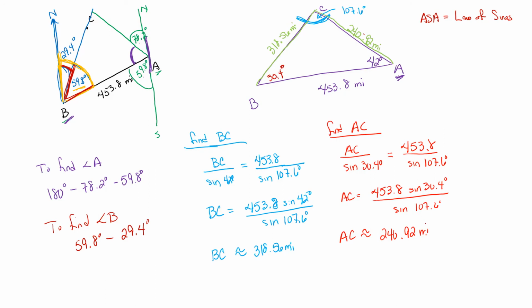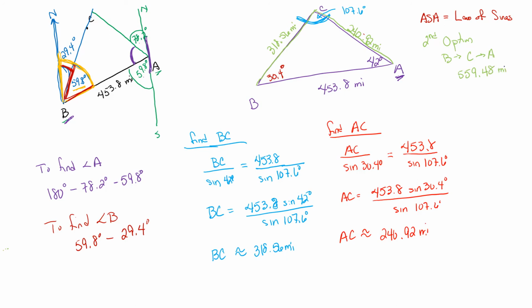Okay, so hopefully we agree. I ended up with, if he took the second option, which is B to C to A, that's a total of 559.48 miles.